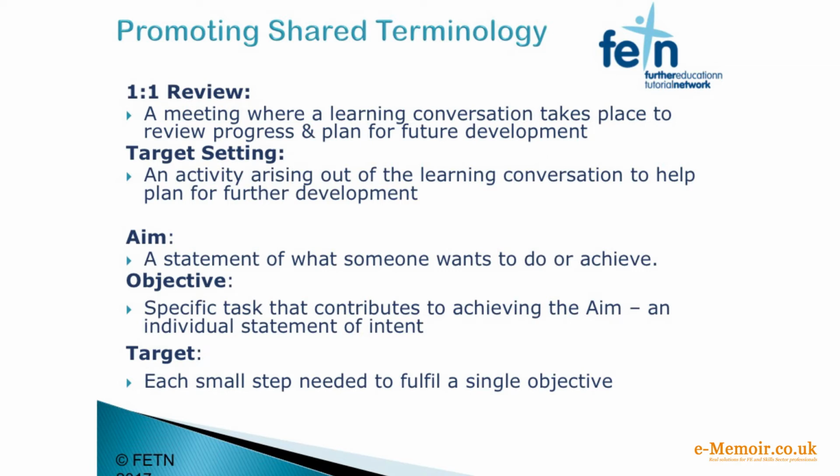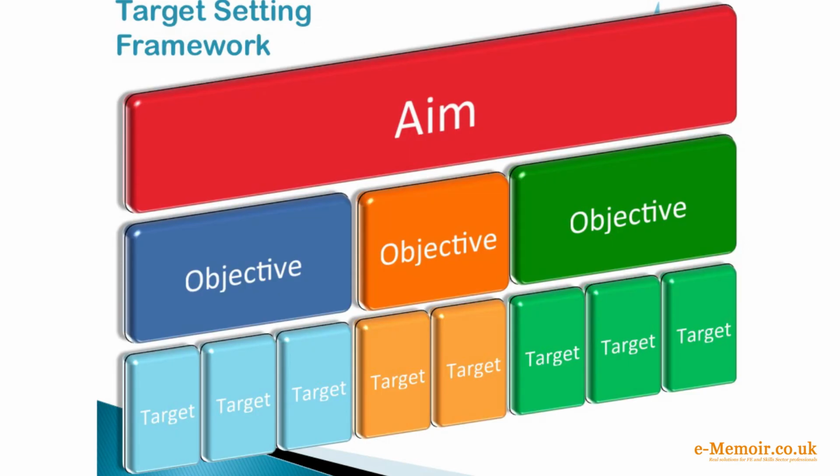Now, I'm sorry you've not got that. Oh, there it is. So if you can hopefully see that on the screen, you can see how these things work. You have your overall aim, you can have a number of objectives to reach that aim, and then you have a number of targets underneath each objective. Quite often when we're writing targets, we're not specifically writing those targets into an ILP or into the online software mechanisms that you use.